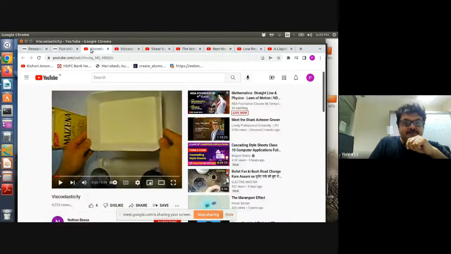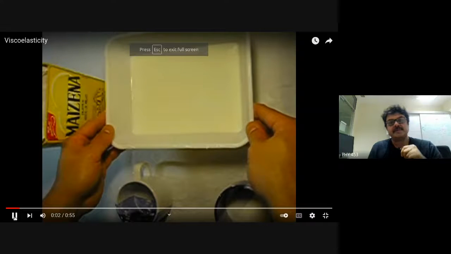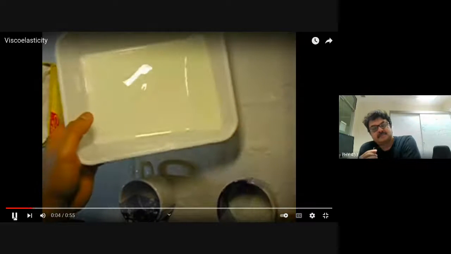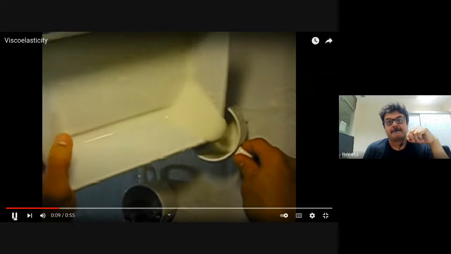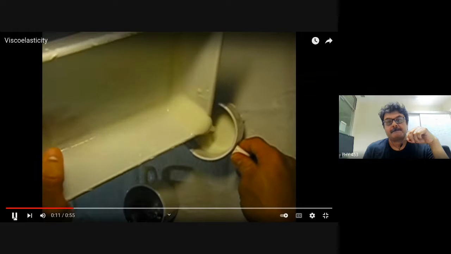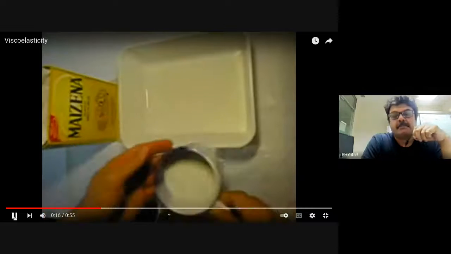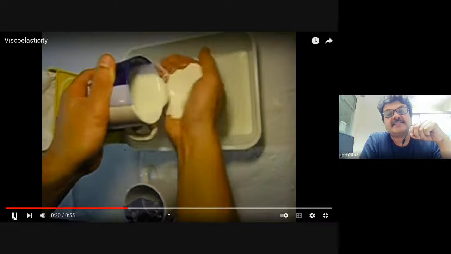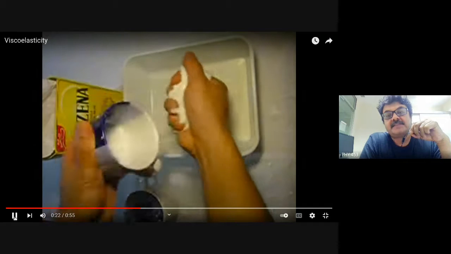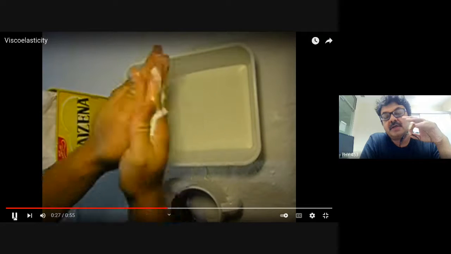So here there is some other fluid made of maize, and it flows as you see. But when he holds the fluid in his hand, and as long as he keeps applying stress to it, it starts behaving like a solid, because you can't hold a liquid in your hands.